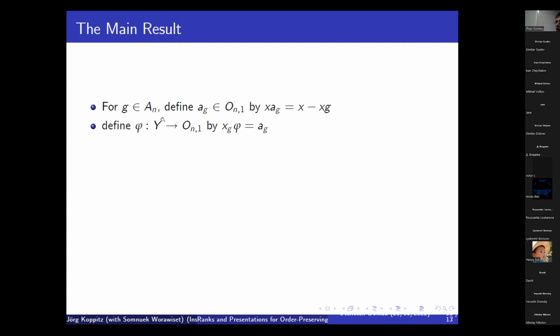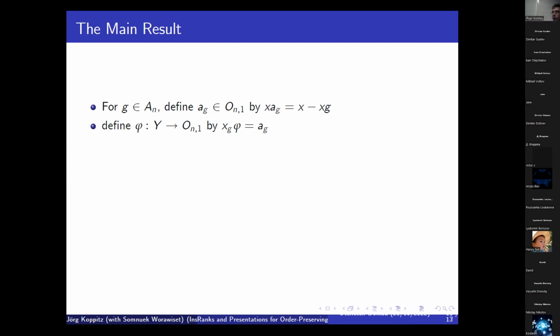So that means we have only defined this mapping for the generators of this free semigroup, and I want to point out that we have really a semigroup, not a monoid, because the identity mapping does not belong to the semigroup ON1, because we have only one fixed point, and the identity mapping of course has n fixed points, namely all are fixed points. So this is not a monoid, this is a semigroup without identity element.